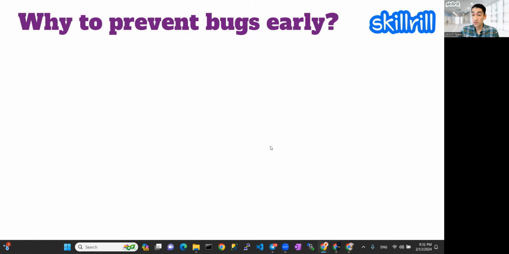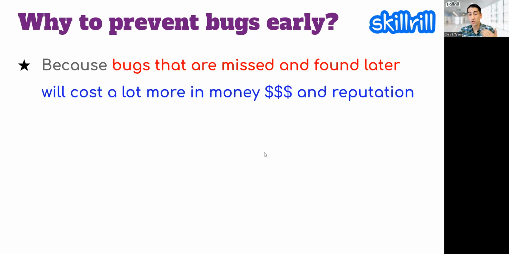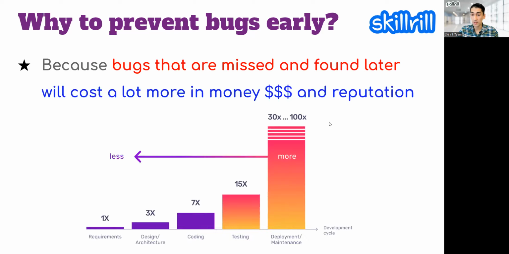So, as most of you mentioned, it's closely related to the cost. Okay, it's closely related to the cost. Because the bugs that are missed and found later rather than early are going to cost a lot more in terms of money and reputation to the company.